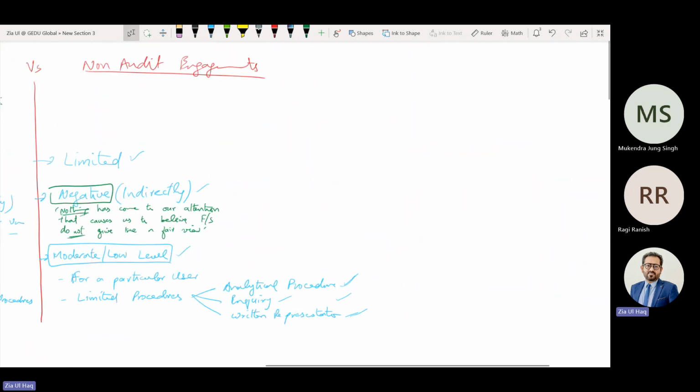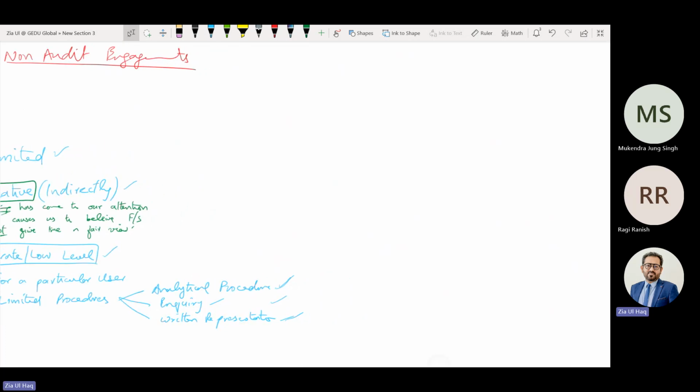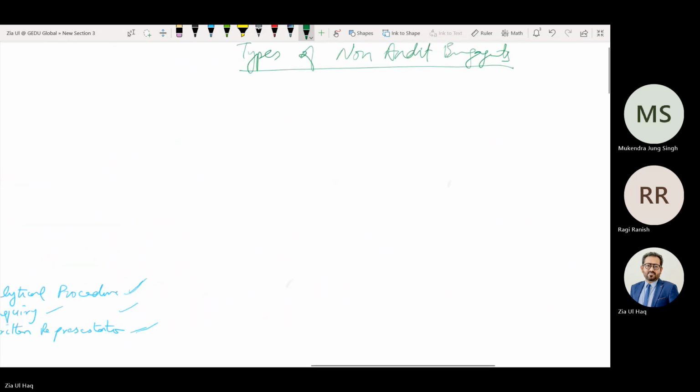Now let's discuss what the types of non-audit engagements are. That is the main topic, the last area of our syllabus: types of non-audit engagements. There are four main types.